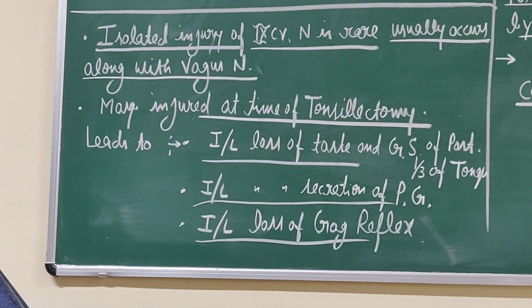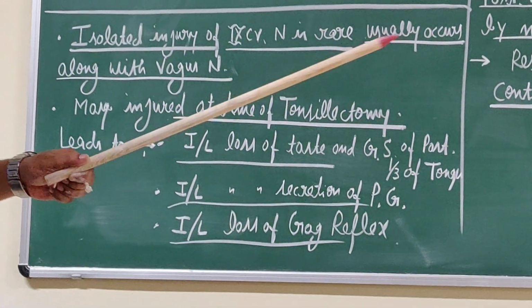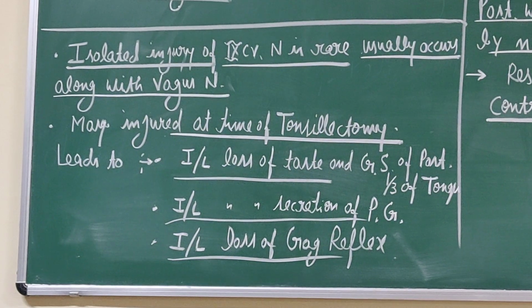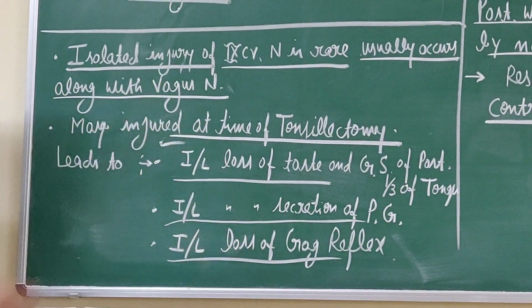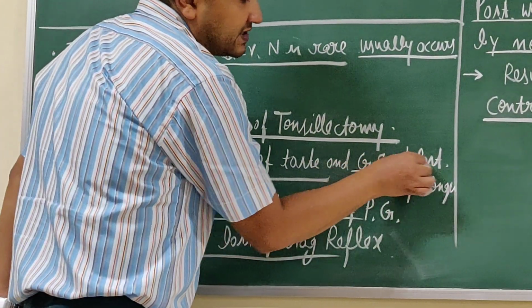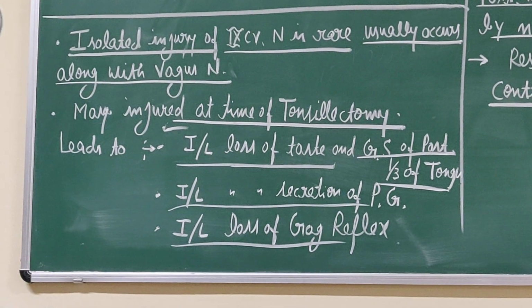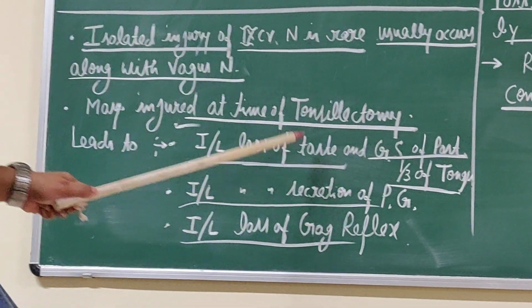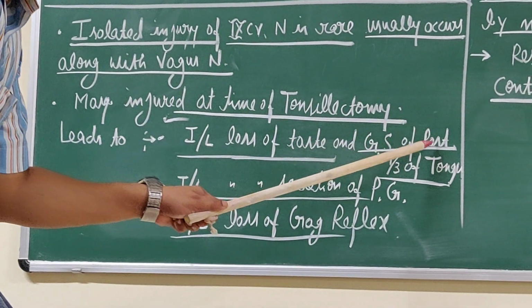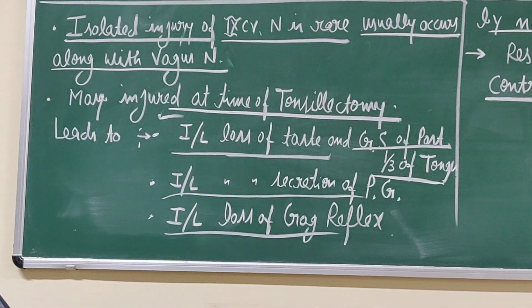And what will be the result? If this nerve is injured on one side, right or left, then on the same, ipsilateral side there is loss of the taste sensation and the general sensation of the posterior 1/3 of the tongue. Remember, both the taste as well as the general sensation of the posterior 1/3 of the tongue are carried by the glossopharyngeal nerve.